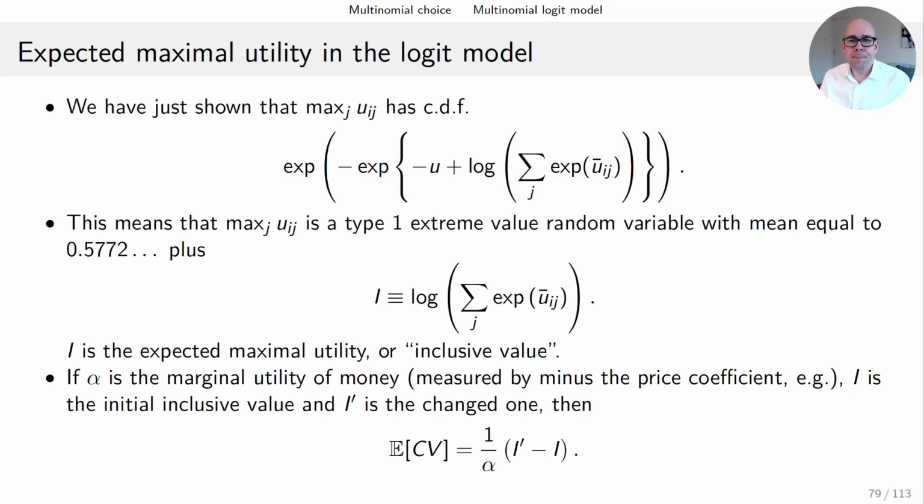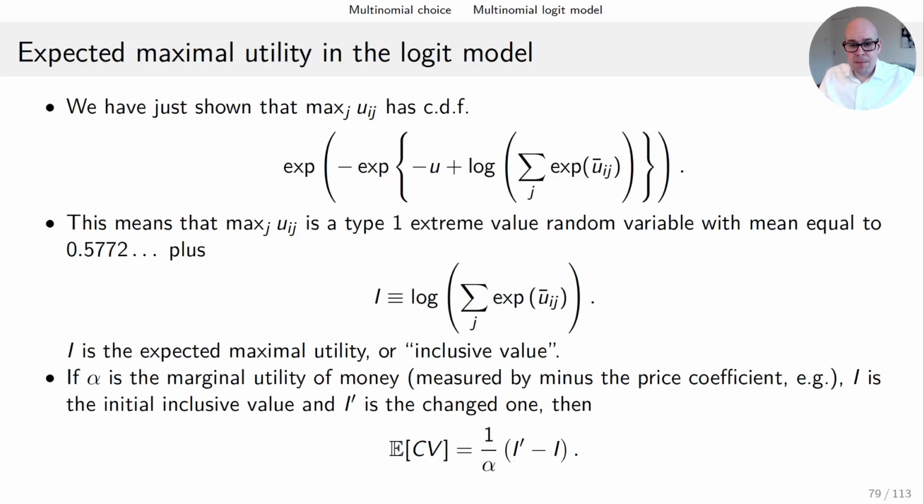So when I can take a choice set consisting of these J alternatives, and I know the average utilities or mean utilities associated with them, then I can now calculate using this formula the expected maximal utility associated with a particular choice set consisting of alternatives with particular characteristics, and I can play around with that.